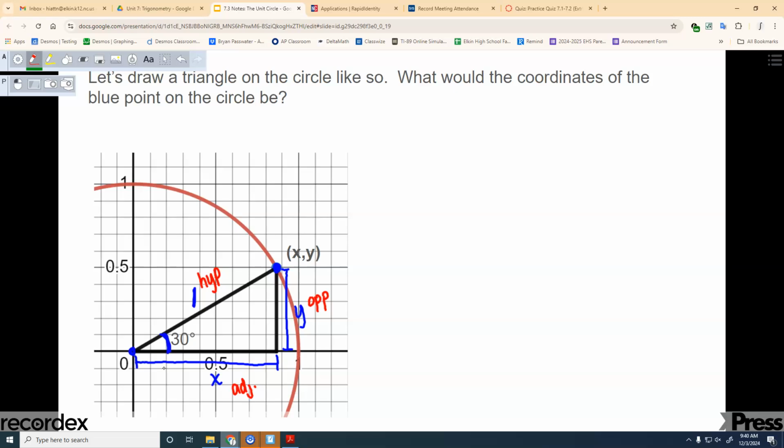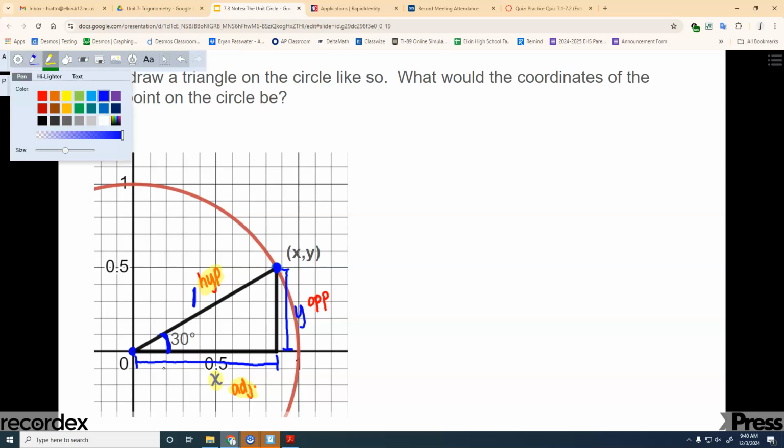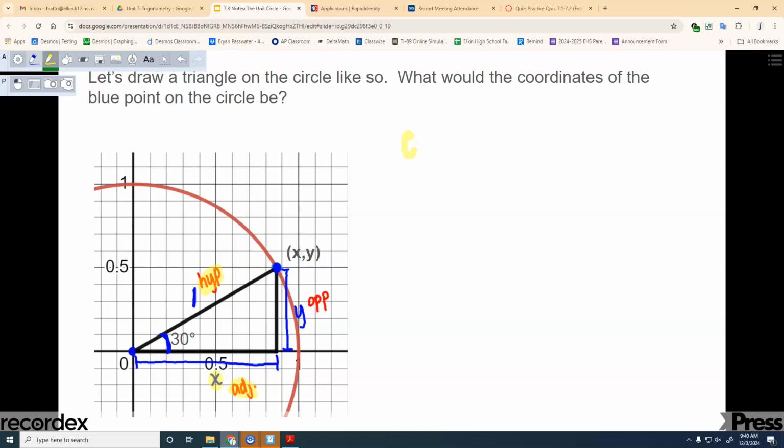So let's look for x first, right here. I've got adjacent, and I know my hypotenuse, which is cosine, right? So cosine of 30 degrees would equal the adjacent side, which is x, over the hypotenuse, which is 1.